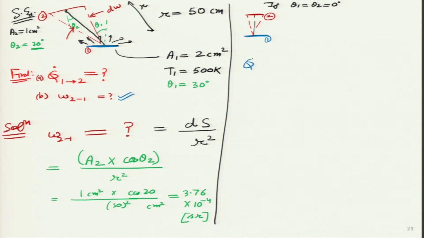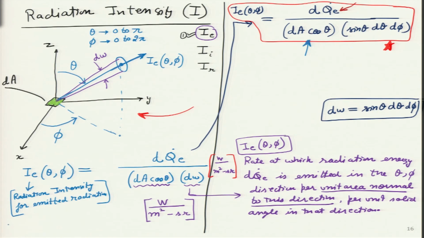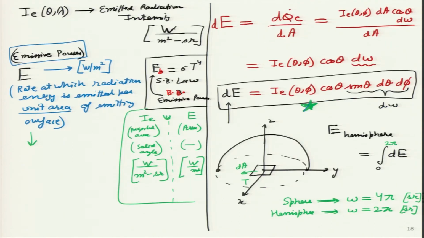Now, what is the value of q dot 1 to 2? How will we calculate it? If I ask the students, is there a way I can calculate this? Perhaps we will go back a little bit, and we can either use this equation over here, or use this expression for I e that we have figured out.